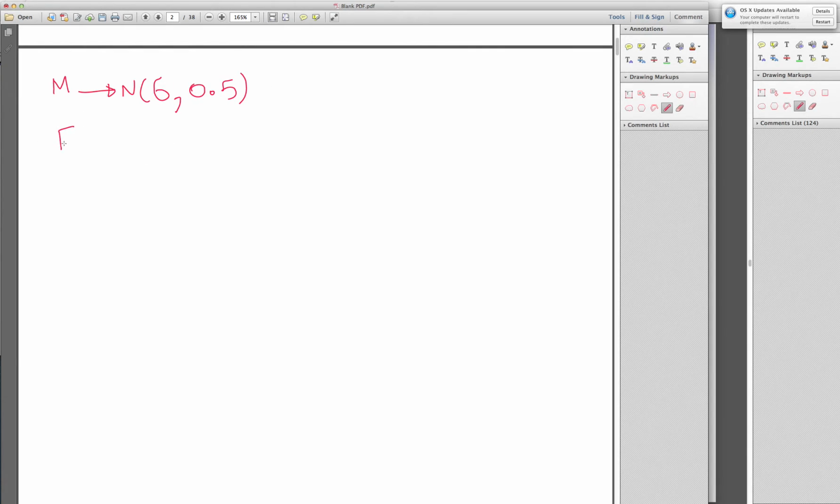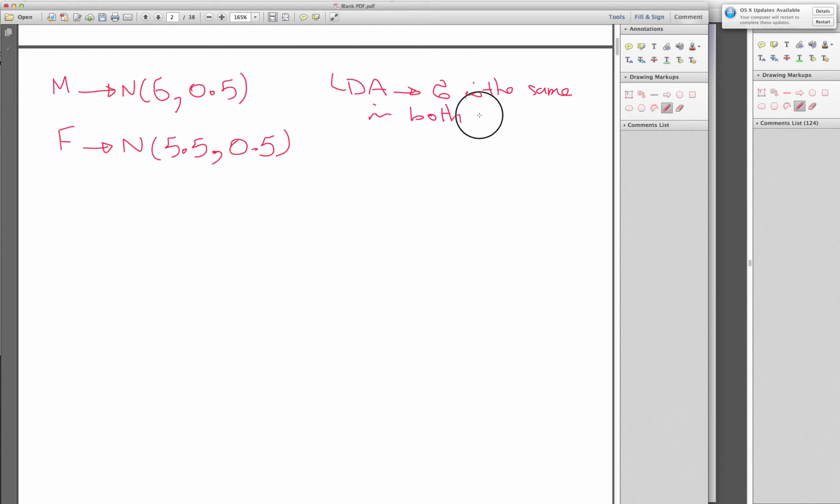And let's assume that female height is normally distributed with mean 5.5 and standard deviation 0.5. So this is my mean, this part is the standard deviation. This was my mean, this was the standard deviation. So one thing to remember is that in linear discriminant analysis, you assume sigma is the same in both categories.